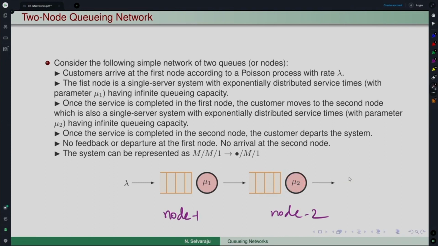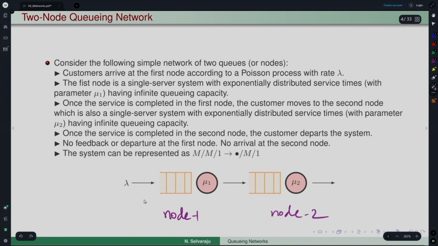So, no feedback happens either after the first stage or after the second stage, no departure happens after the first stage, and no arrival happens at the second stage other than from the first. The second stage could be represented in this manner: there is an arrival process, the service is exponential, and there is a single server, infinite capacity, FCFS.